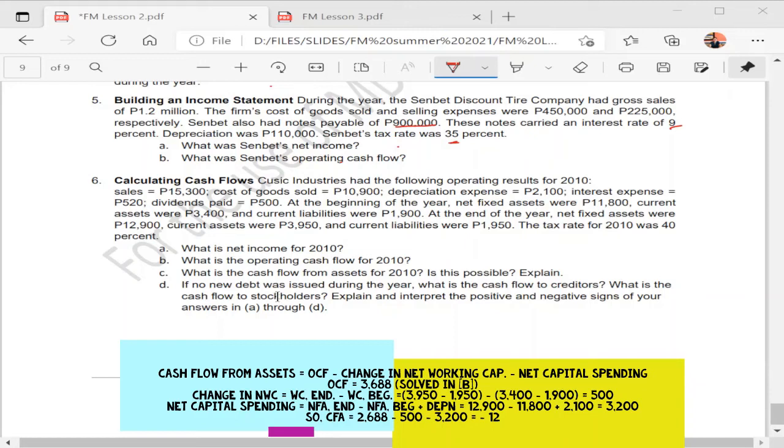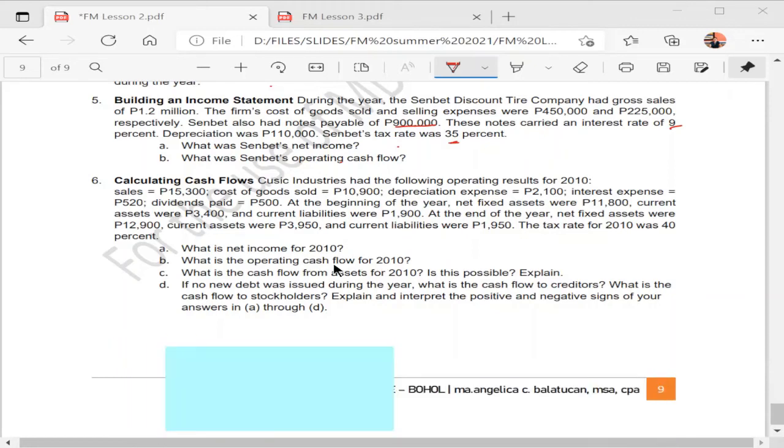This means that you need to raise an additional 12 pesos. Okay? So that's the use of computing the amounts, right? Why we're using the formula, because this is for decision making. So if the cash flow from assets results in a negative answer, that would mean that we need this additional funding.